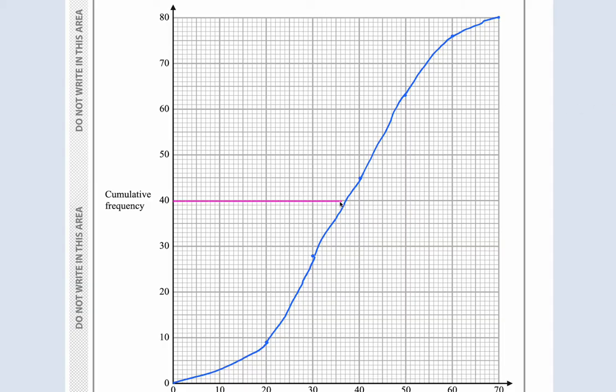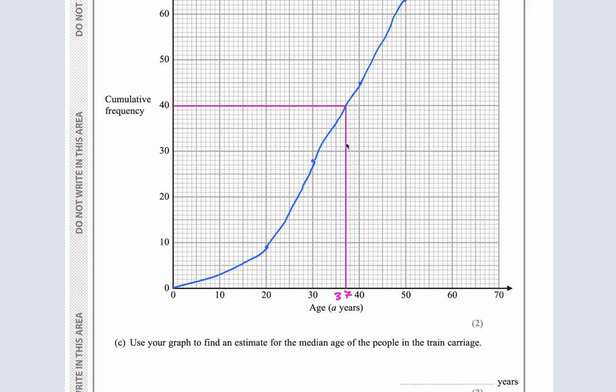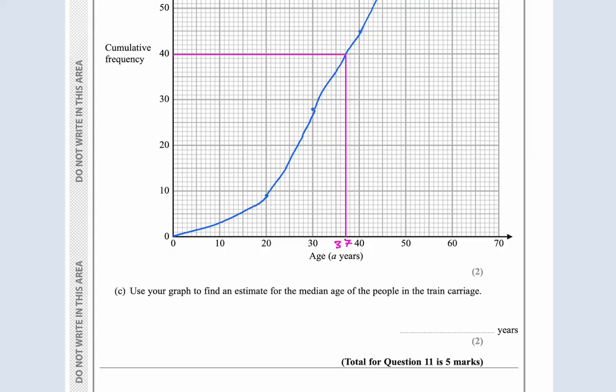Then I cross 40 and I go down, and that's actually going to give me 37. Now the range it accepts is anything from 35 to 38. So I guess I got lucky that my graph worked out here, but if you don't draw it properly, you could get caught. So the median is 37.